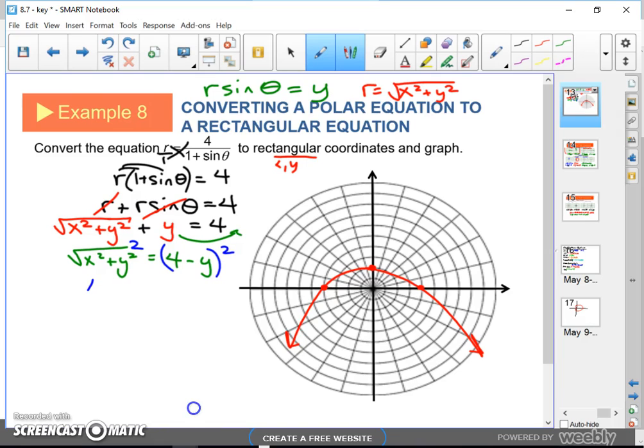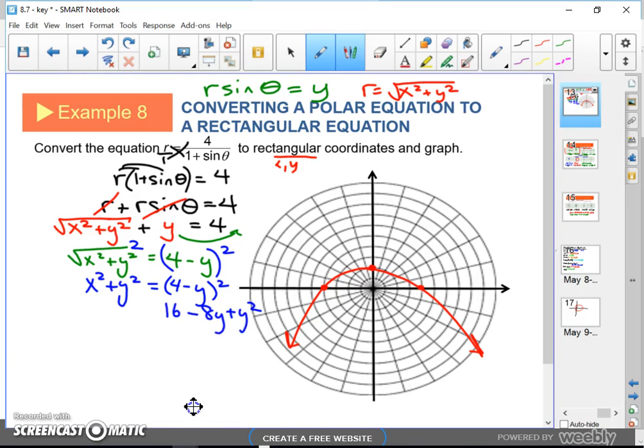Squaring both sides, I've got x squared plus y squared equals, and I'm not gonna FOIL that out. I'll just leave it as 4 minus y squared. Actually, let's go ahead and FOIL that out. That's going to be 16 minus 8y plus y squared.